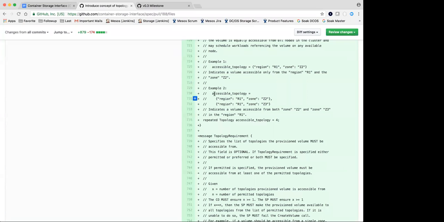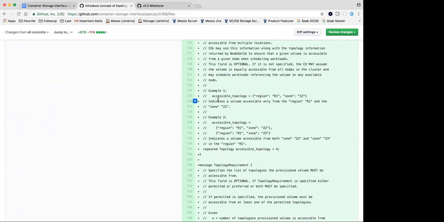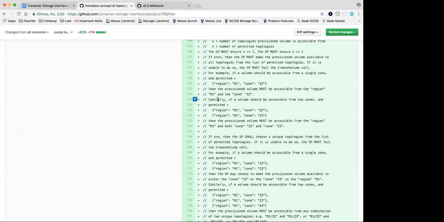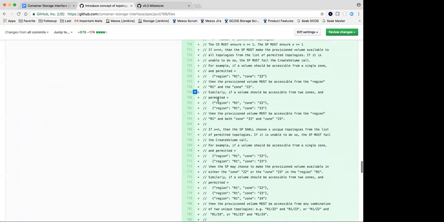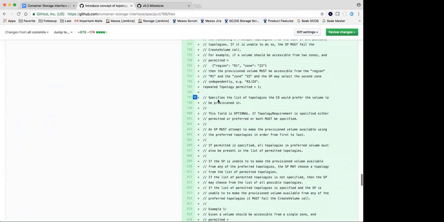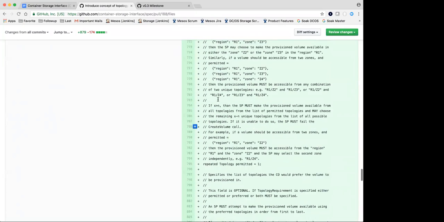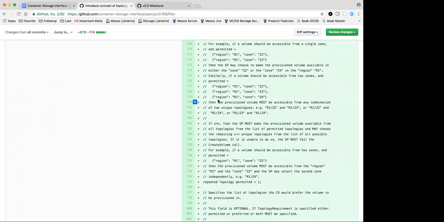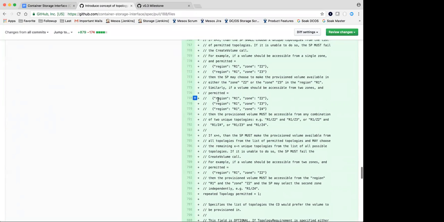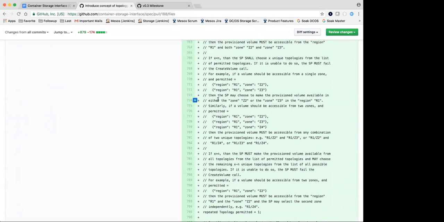So let me see if I could come up with a concrete example to illustrate that. So what I'm thinking is, if I want to be able to select on a specific constraint to a specific zone and rack, how am I going to express that in the system?